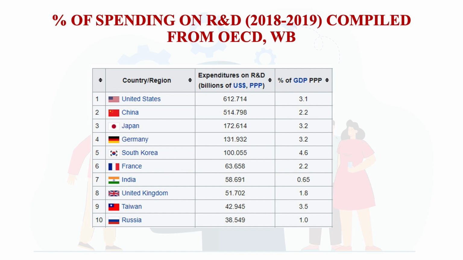China is second, spending a huge amount, 2.2% of its GDP. Japan also spends. Like this, the top 10 countries on my chart spend huge amounts, in percentage and absolute terms, on research and development, whether physical science or social science.